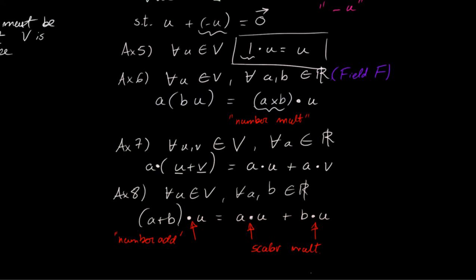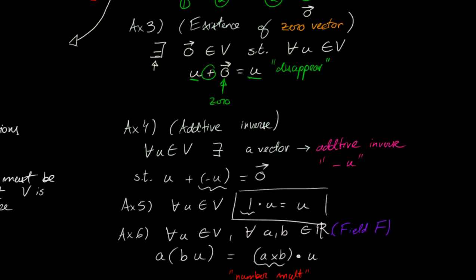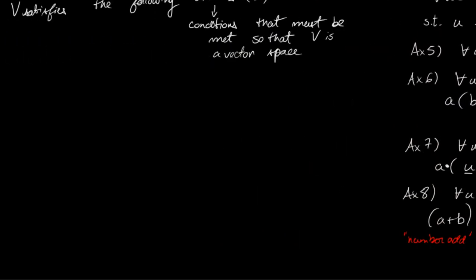After all of that, we've basically come to the conclusion of the vector space definition. So I can do a summary here.